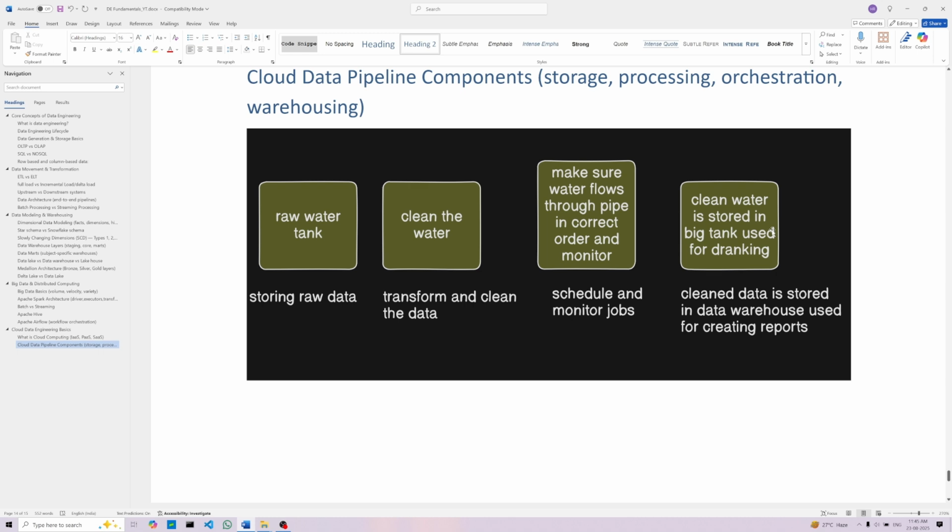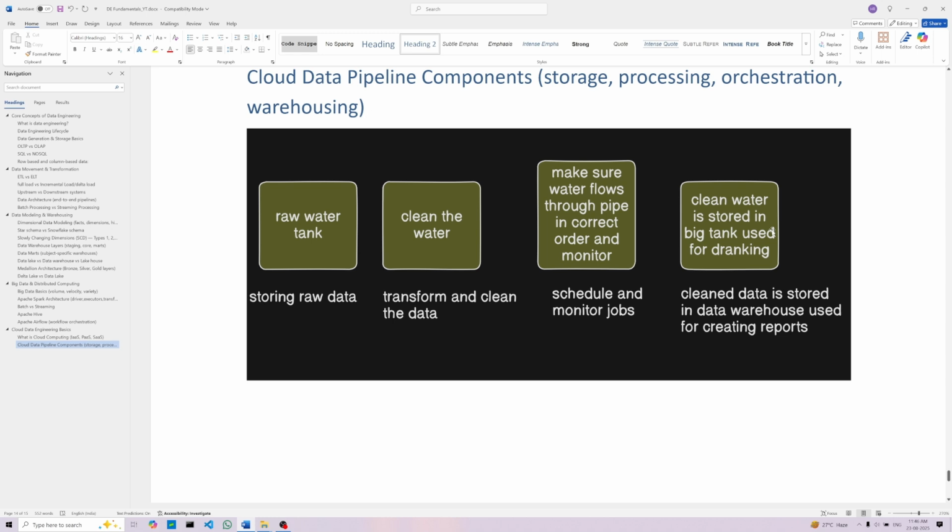So final step is in the final tank, completely filtered water is stored in the big tank which is ready for drinking. Same way, cleaned and transformed data will be stored in data warehouse, which will be used for creating dashboards and reports.